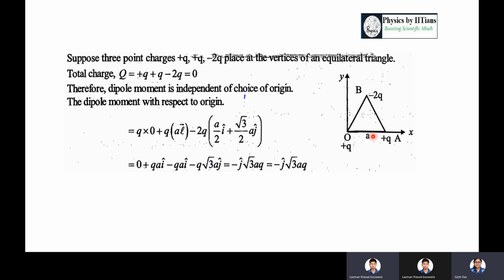So first you go along x, a by 2 i cap plus root 3 by 2 a j cap, so minus 2q into the distance from this one. For the total configuration, you just simplify this: 0 plus q a i cap minus q a i cap minus q root 3 a j cap, which will give you minus j cap root 3 a q. So this is the dipole moment for this configuration.